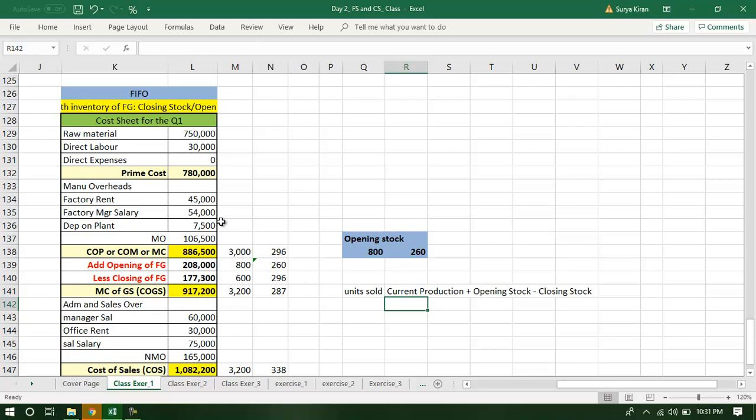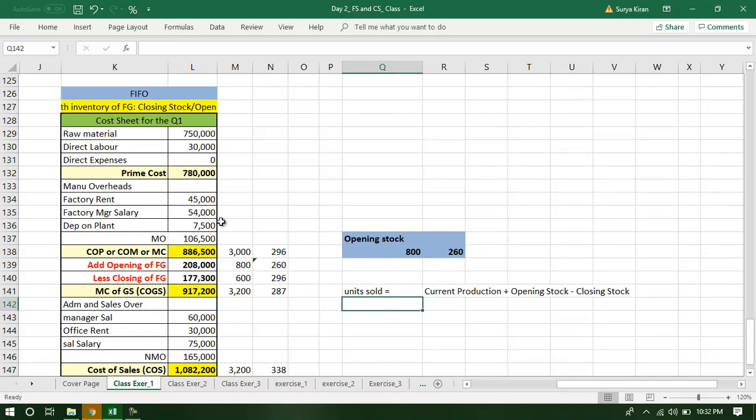So units sold is equal to current production plus the opening stock minus the closing stock, which will give me the units sold. So units sold is 3,200.